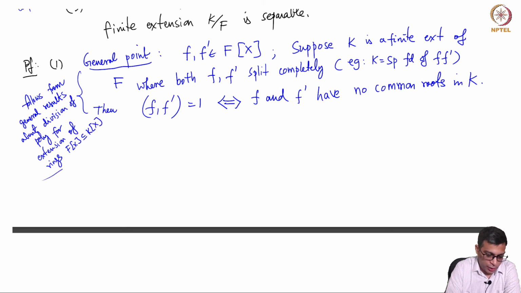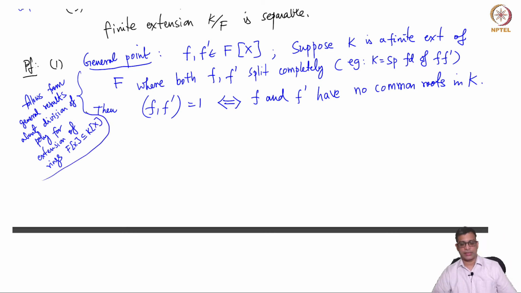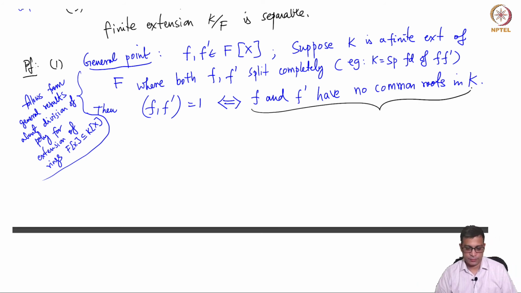I don't want to spend time on this. This is a general statement, so I might as well work with the splitting field of f times f prime and see if they have a common root. So I will really study this.